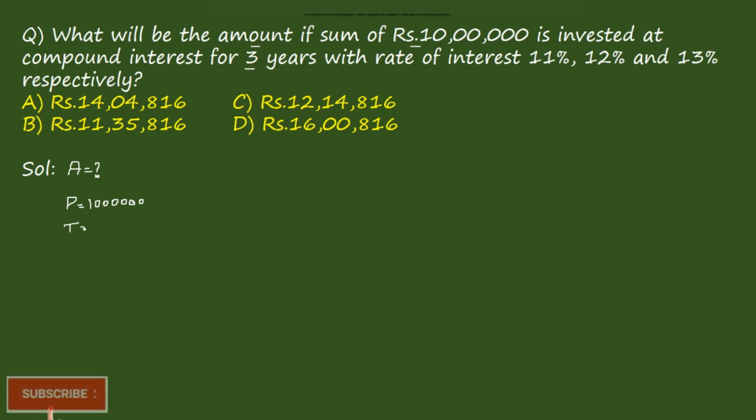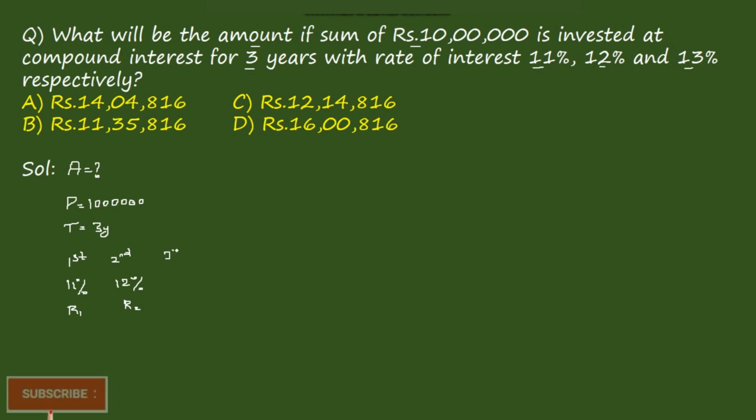So time is given as 3 years, right? With a rate of interest 11%, 12%, and 13%. So the first year it is taken as 11% interest, right? It is R1. For the second year, it is taking an interest of 12%. It is R2.